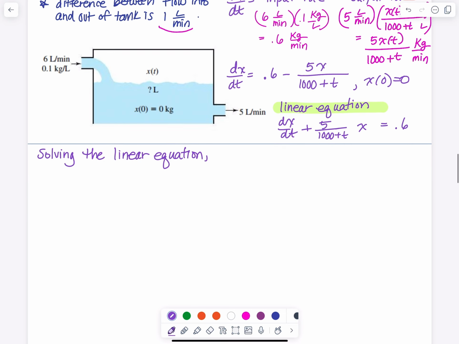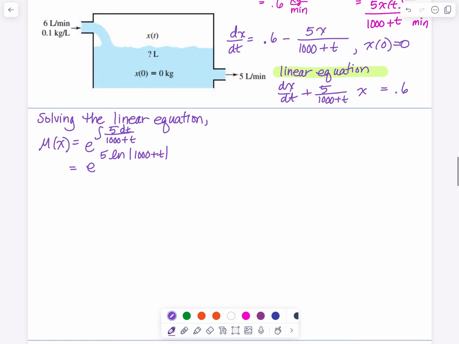We have that mu(t), the integrating factor, is going to be equal to e raised to the integral of 5 over 1,000 plus t dt, and that's going to be equal to e to the 5 ln of the absolute value of 1,000 plus t.